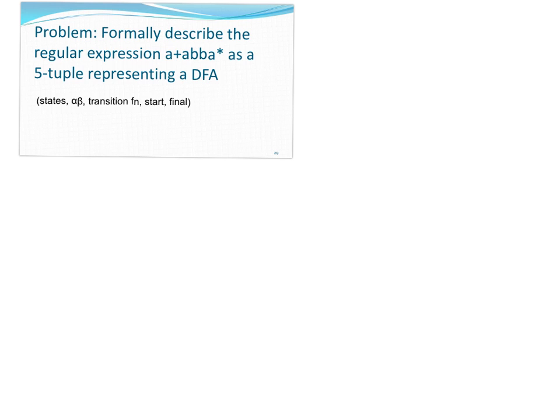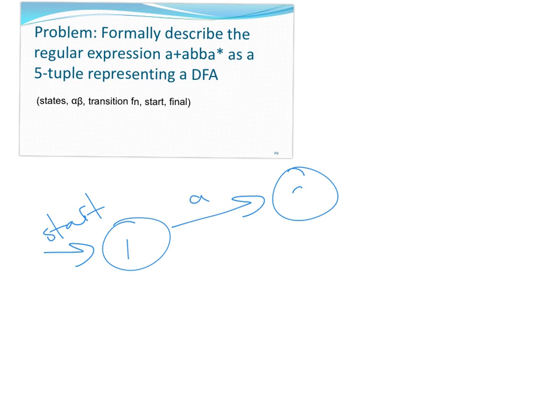Okay? So it accepts the string just an A by itself. So if we have our start state, and then we see an A, we accept that.